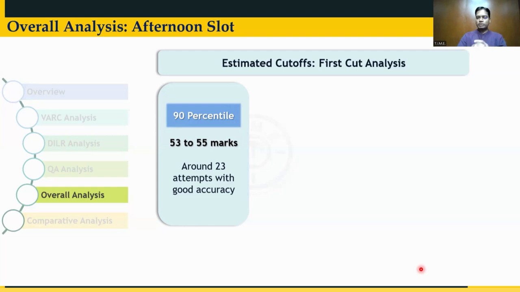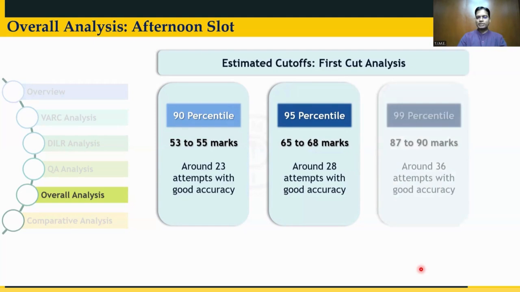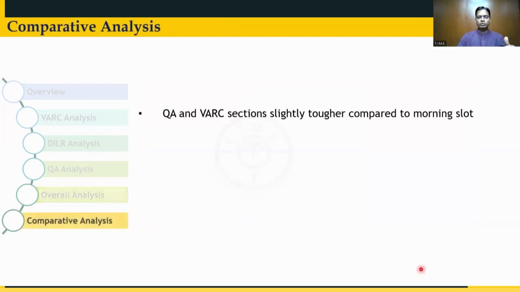And 95 percentile would be about 65 to 68 marks. That's about 28 attempts across sections with good accuracy again. And an overall 99 would need about 87 to 90 marks. That's about 36 attempts again with good accuracy. So this was the nature of today's slot 2.